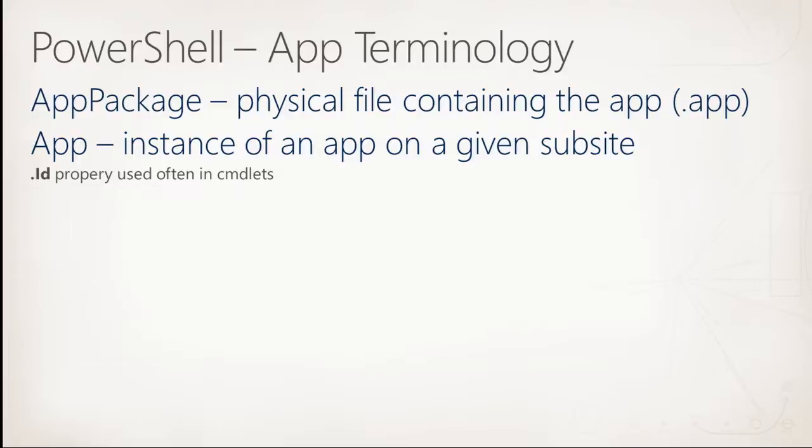App package refers to the actual physical file containing the app. So this is what you deploy. Think of it like your old solution package. It has an extension of .app. The app in the world of PowerShell is the actual instance of it. So you could have 10 apps for one given app package. Does that make sense? I know it's early. You often use the ID parameter with that too, so I'll show you that.